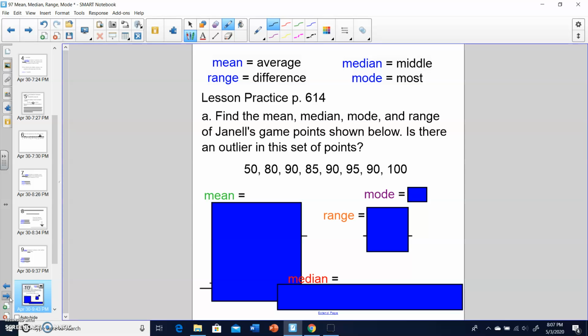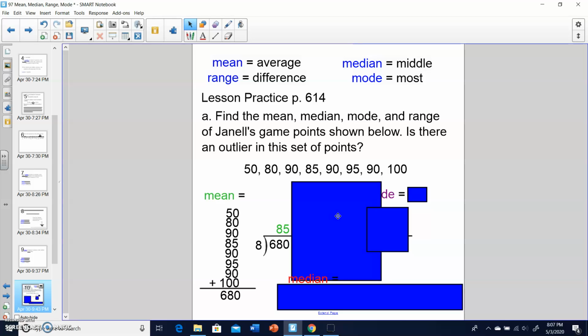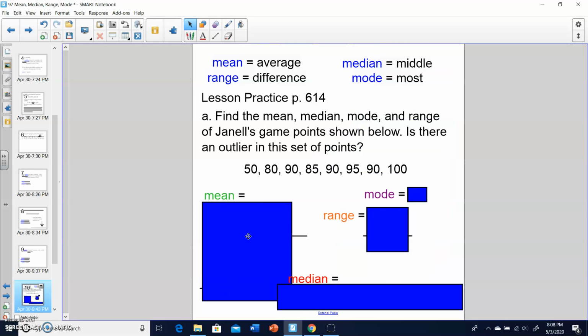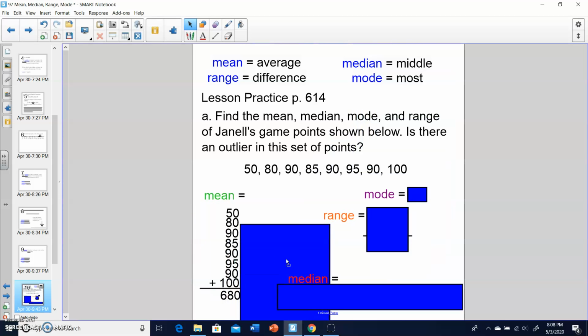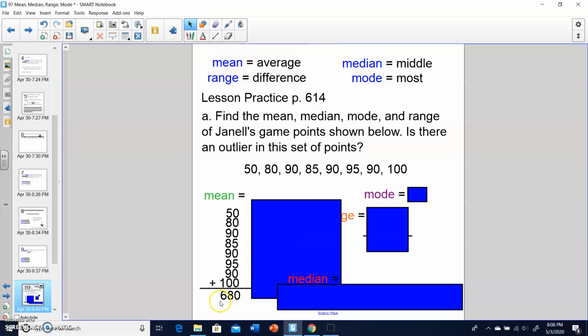Okay, now to find the mean, she's adding up all of these scores together. So 50 plus 80 plus 90 plus 85 plus 90 plus 95 plus 90 plus 100. Again, you can use your calculator if you have one at your house, because those are some big numbers. When we add them all up, we find that the answer is 680.